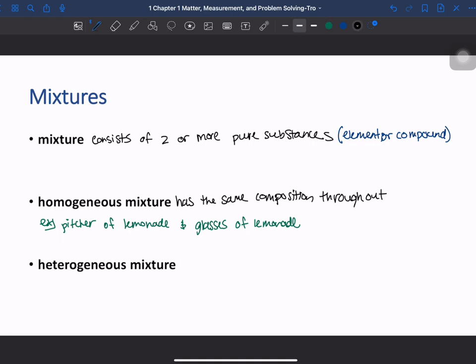Now, a heterogeneous mixture is different. It does not have the same composition. And not only does it not have the same composition, it is visibly different.